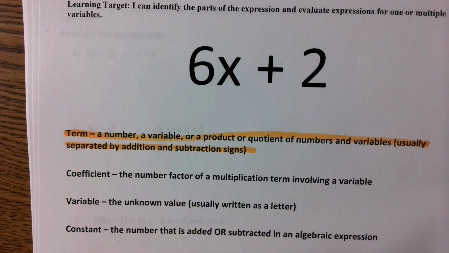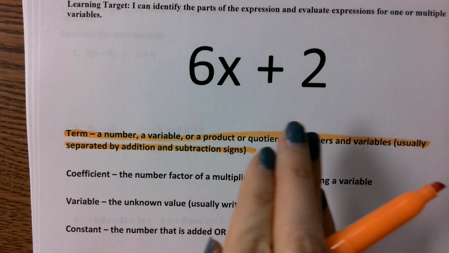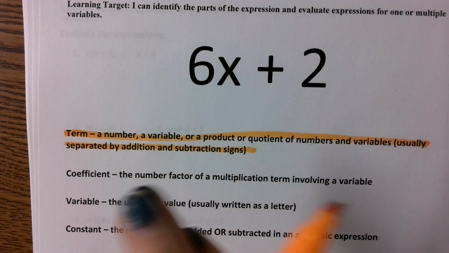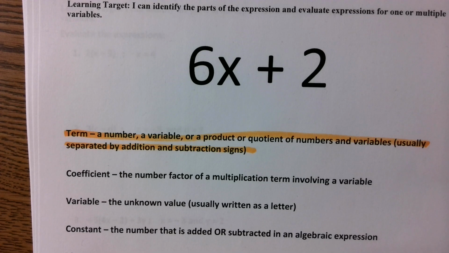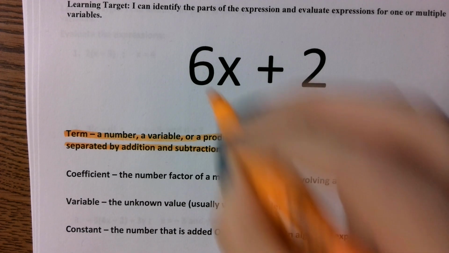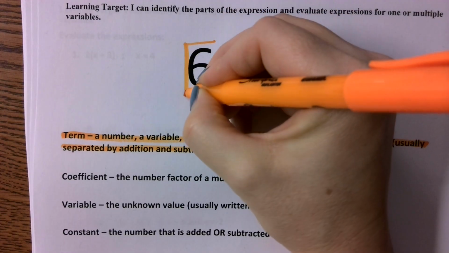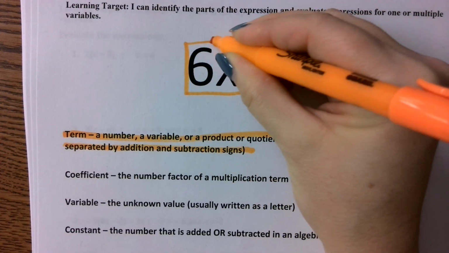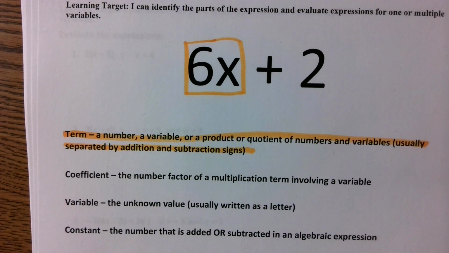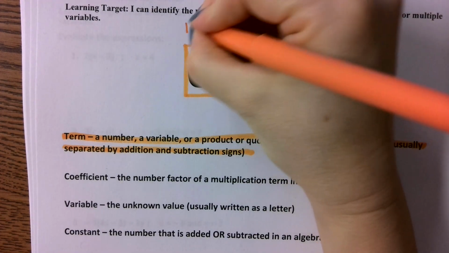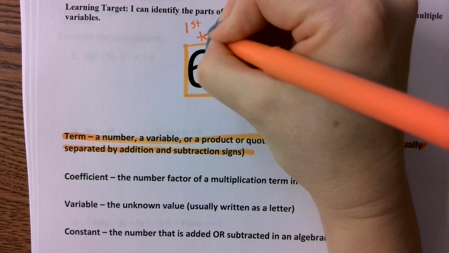So when you are looking at an expression, until you see a plus or a minus sign, you're just focusing on the single term. So here, 6x is what I would call my first term in this expression.